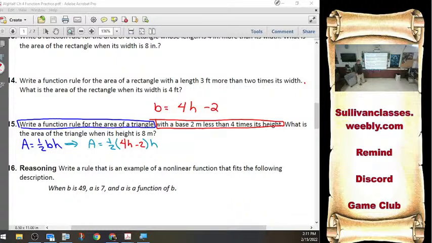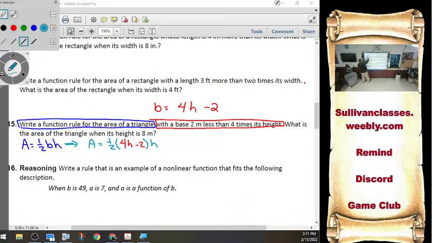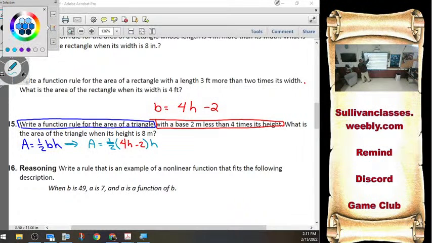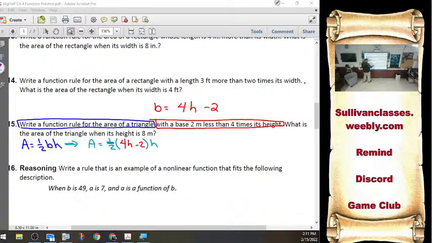And then simplify it like we're back in first semester. So if I take half of 4h, I get 2h. If I take half of -2, I get -1. If I take h times that stuff, I'll get 2h squared minus h.